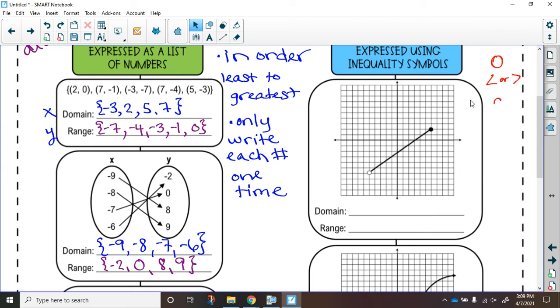A closed circle, so the one that's filled in, this represents less than or equal to, or greater than or equal to, depending on the graph.